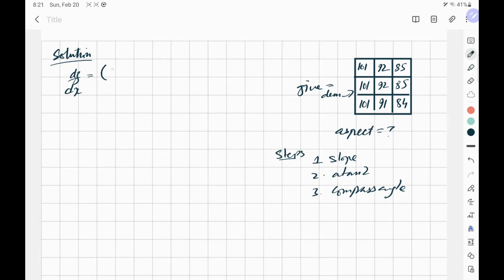You may know from the previous example that slope is equal to... let me draw this grid again for my reference. So we have the following cells.